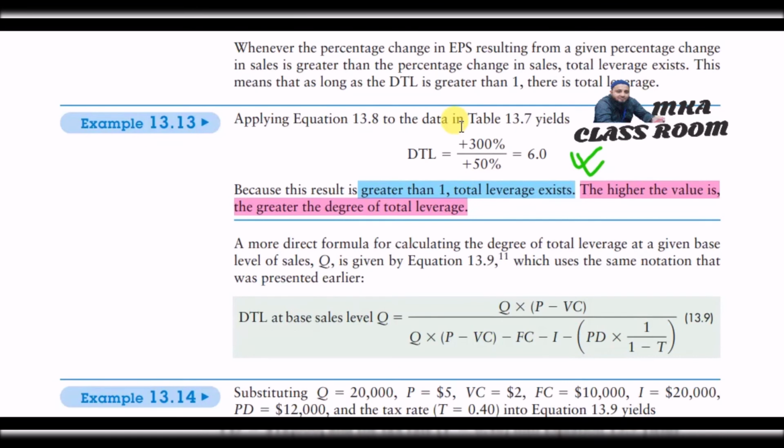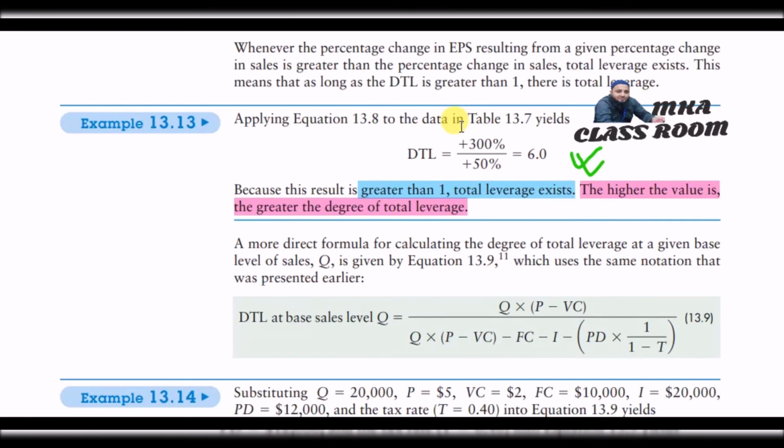A more direct formula for calculating the degree of total leverage at a given base level of sales Q, that means units.